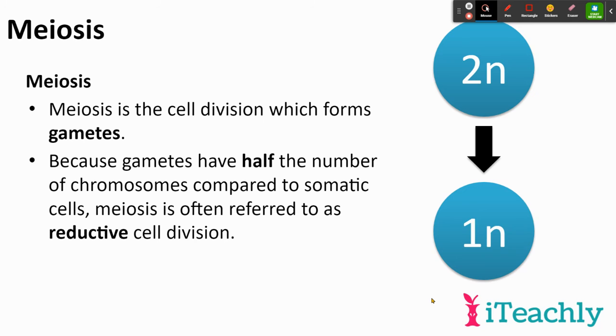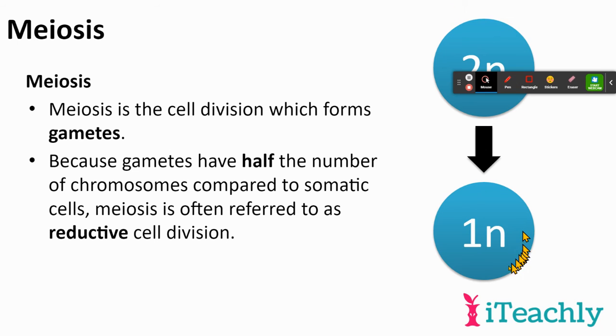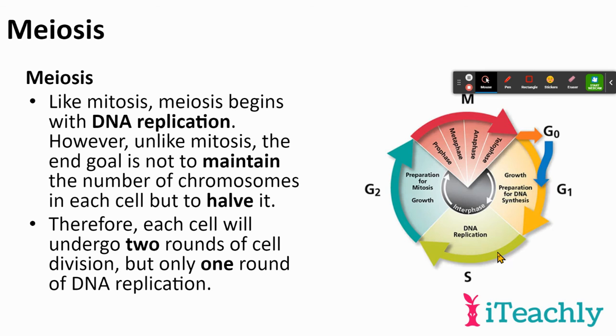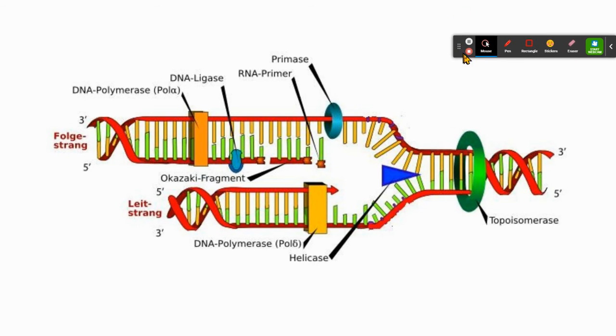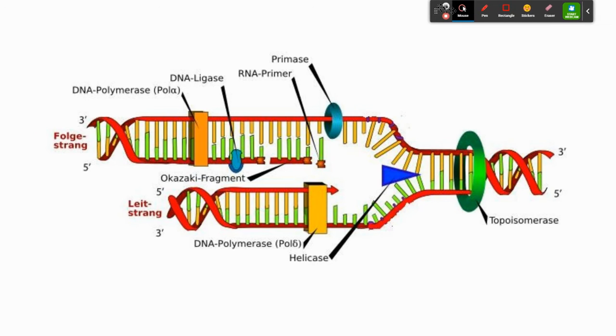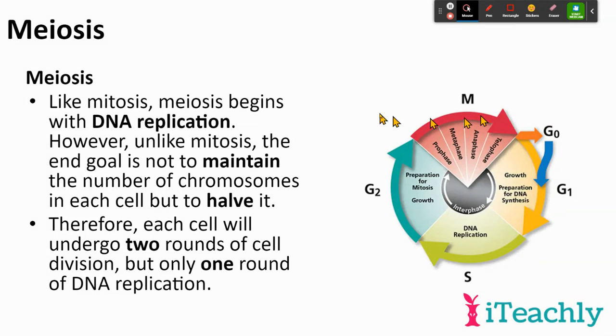Okay, so meiosis is a cell division which forms gametes. And so you're going to move from 2N to 1N. So it's a reduction of chromosomes. So like mitosis, meiosis begins with DNA replication, which happens right here at this S phase.